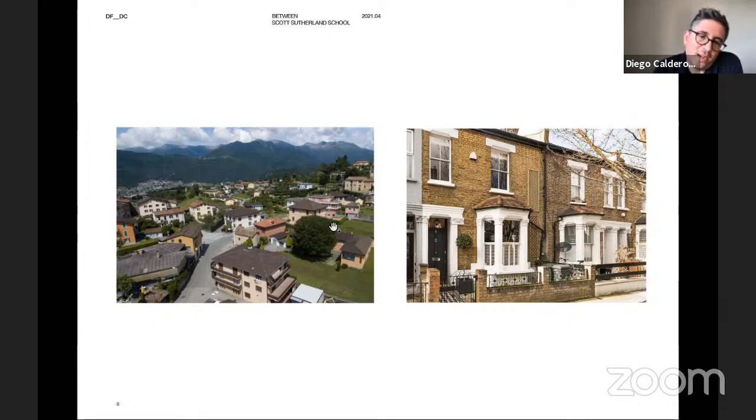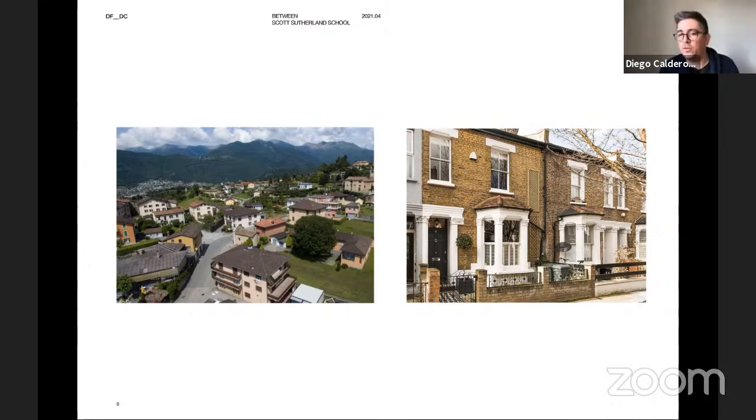As you can see on the left, this is the archetypal Swiss or Ticino urban context, which is based on the evolution of the agricultural field, which means in very simple terms that everyone has got a plot, and there's a very clear limit between the plots.